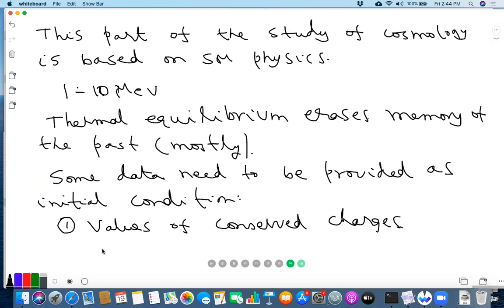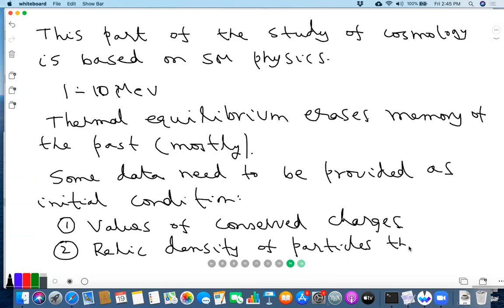Or if there are decoupled states, the relic density of states of particles that have fallen out of equilibrium and so on.